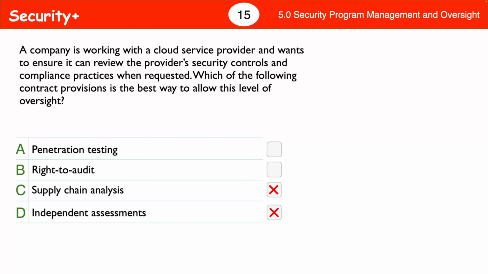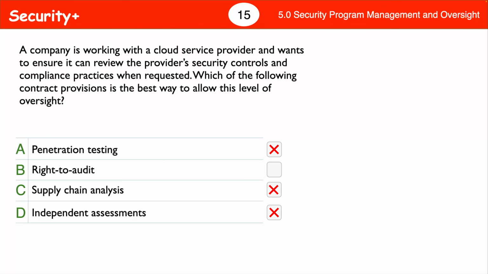And now finally, we can rule out A, penetration testing. Penetration testing assesses security, but it requires permission and planning from the vendor. In the scenario, none of that is needed.